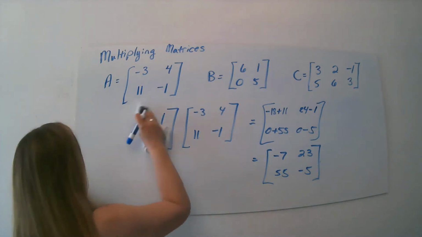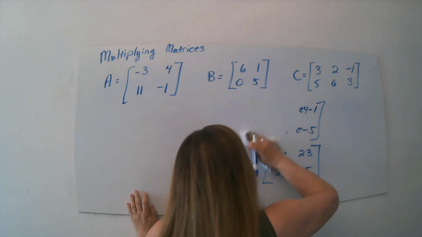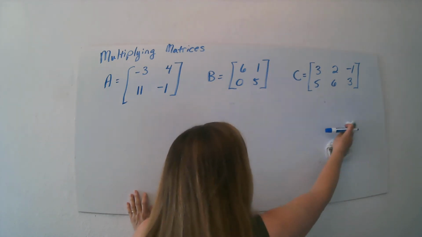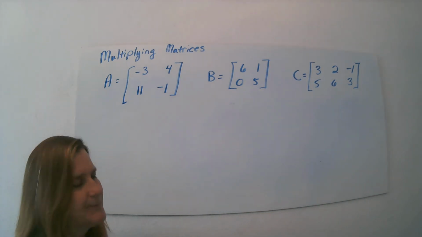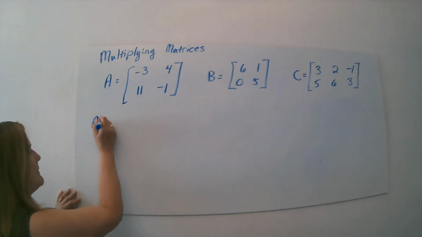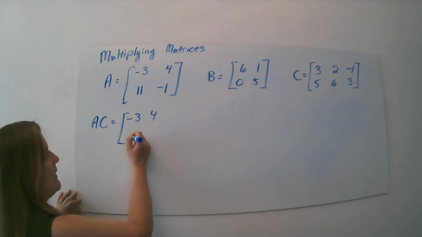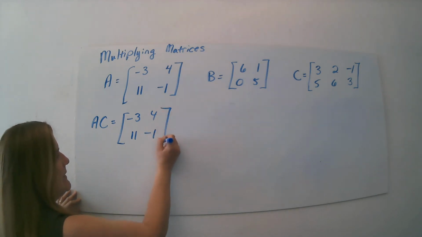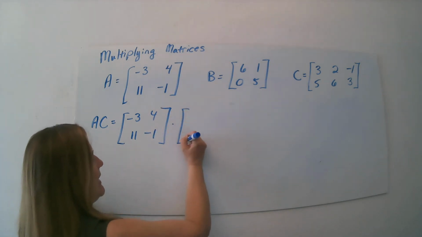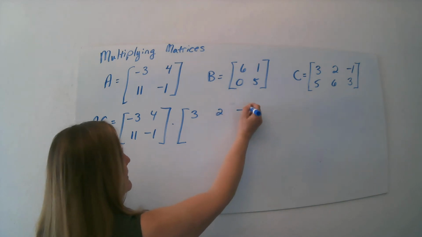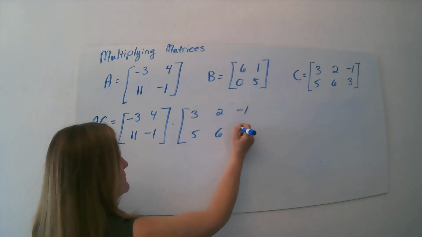Let's look at A times C. We have -3, 4, 11, -1. And we're going to multiply it by 3, 2, -1, 5, 6, 3.